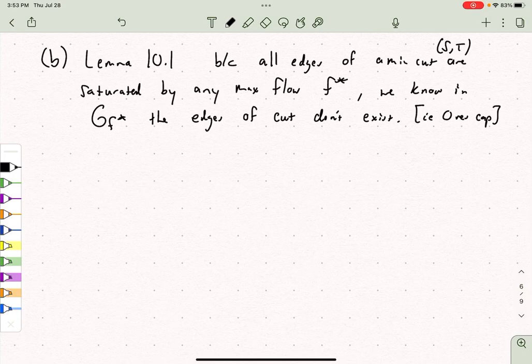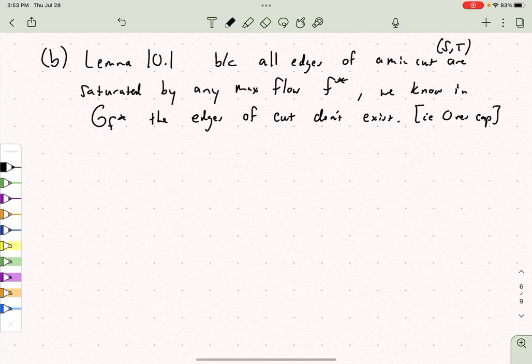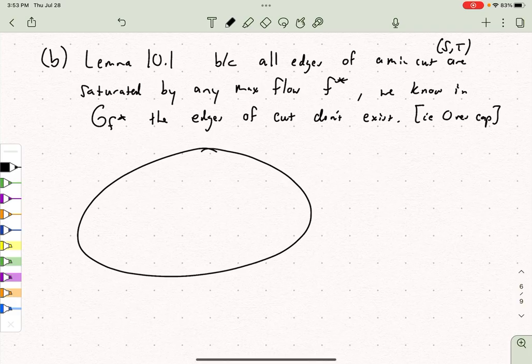So in terms of a picture, let's make this our residual graph. We have S, we have T, and maybe this is one of the S-T cuts.